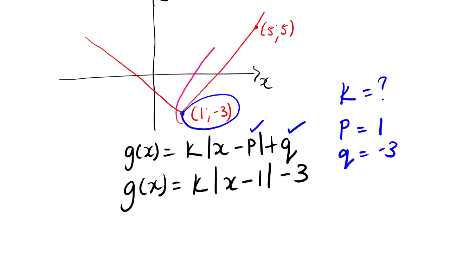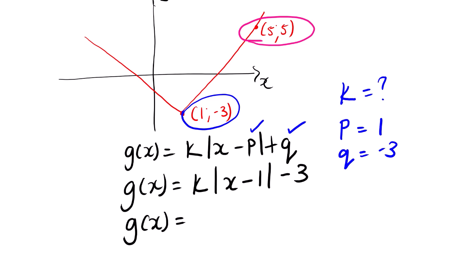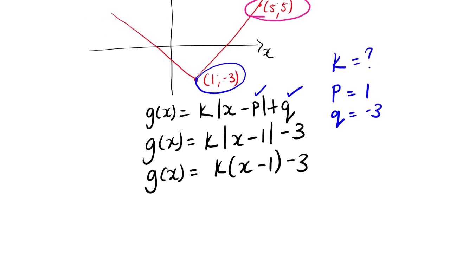The second part is whereby the gradient is positive. We can see that the point we are talking about is this one, and it's on the positive part of the absolute value graph. So in this case, we are going to consider the positive part, since that point is on it.